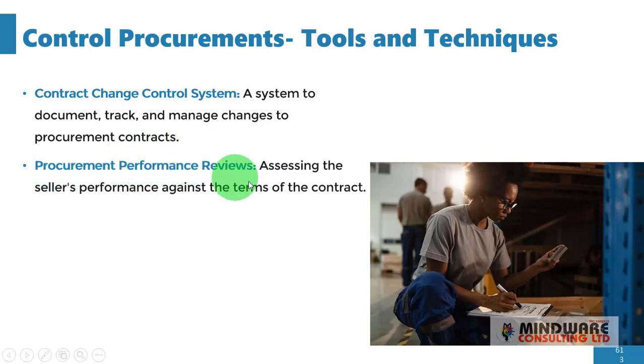Number 2, procurement performance reviews. This has to do with assessing the seller's performance against the terms of the contract. Okay, so as the procurement process is ongoing, you have to be carrying out reviews, performance appraisal, okay, assessments of how the seller or the selling agency or company or the contractor is carrying out the contract.